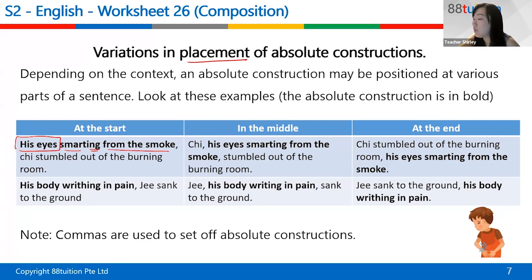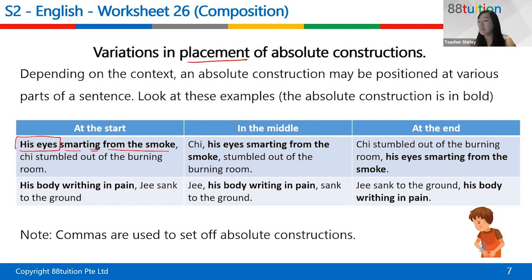It's basically an absolute construction phrase or clause. It's a dependent clause because it needs to depend on information in a sentence to become a complete sentence. So generally, absolute constructions are not complete sentences. They are just clauses or phrases.